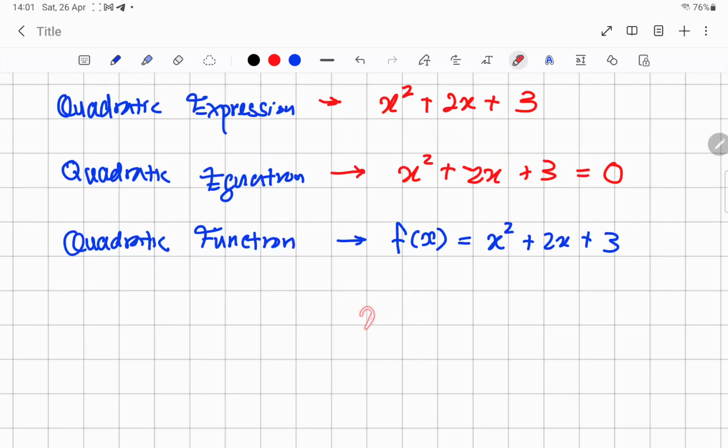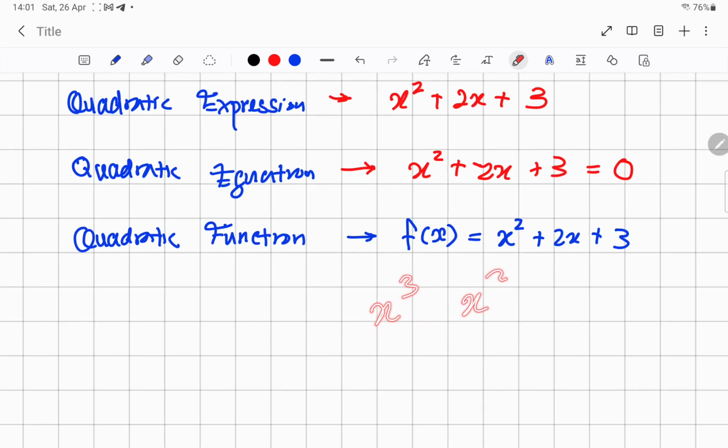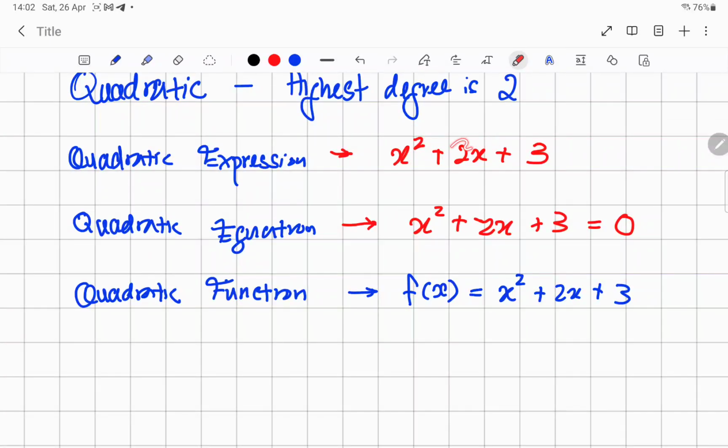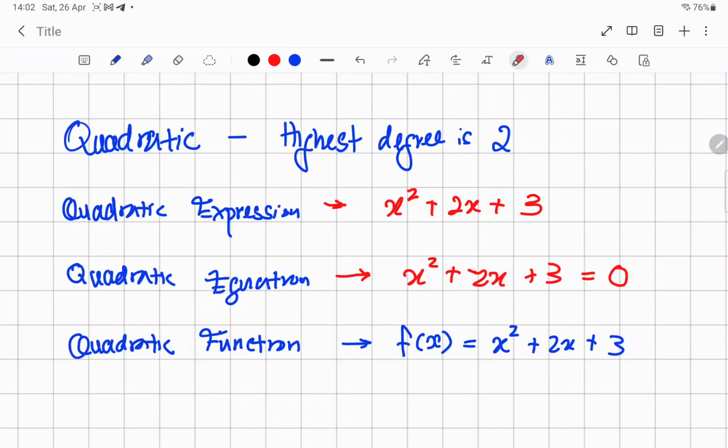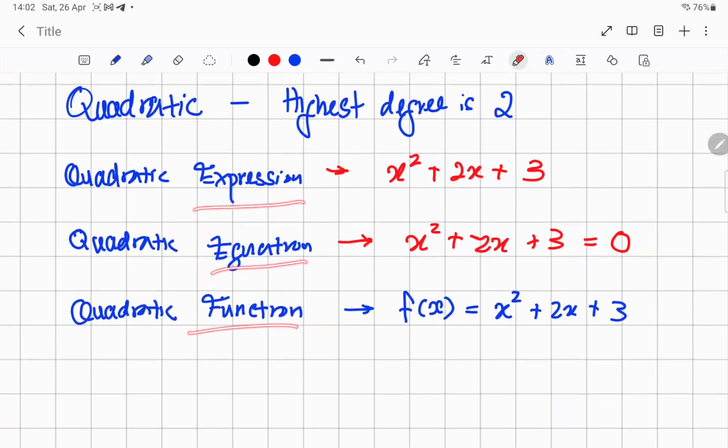You don't have x cubed or x to the power 4 or 5. The highest is x squared, followed by x, and then followed by no x at all. So this is the difference between expression, equation, and function.